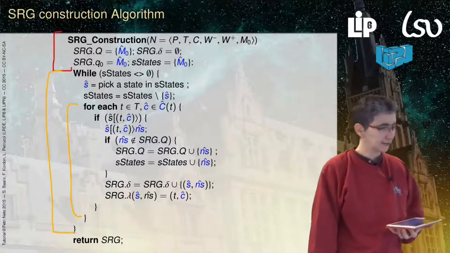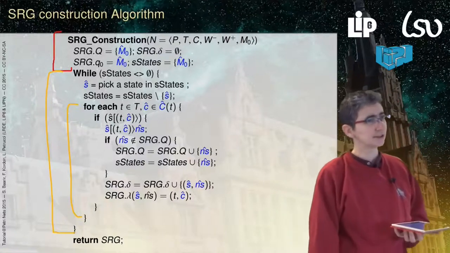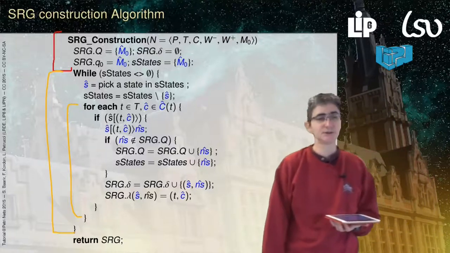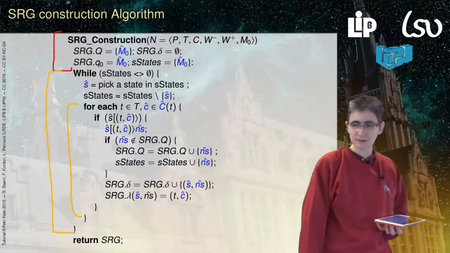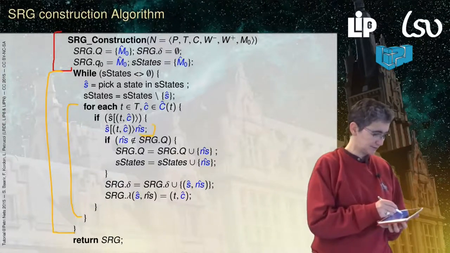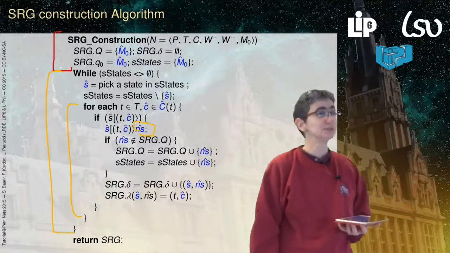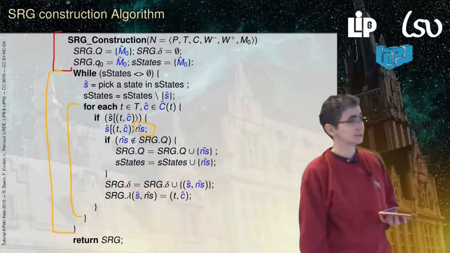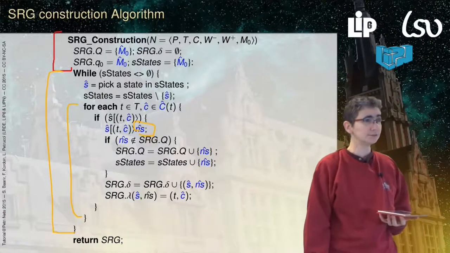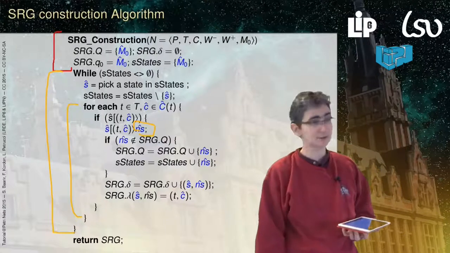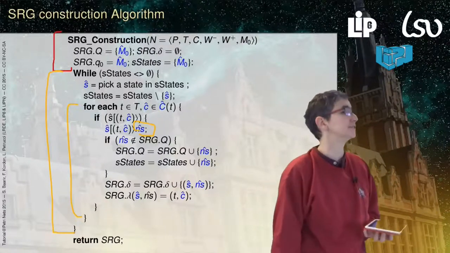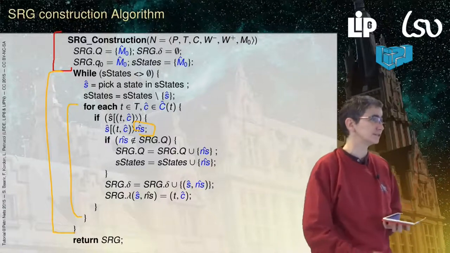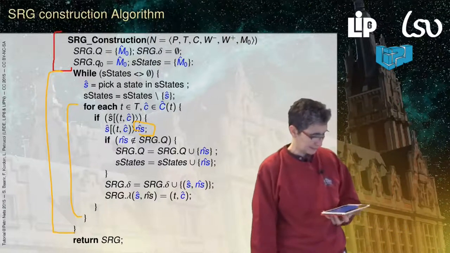So if a transition can be fired from the symbolic state with its symbolic set of colors, giving a new symbolic state, we add the new symbolic state to the graph, and we add it to the set of states to be processed, if it's a new one. If it was already existing, we don't add it.